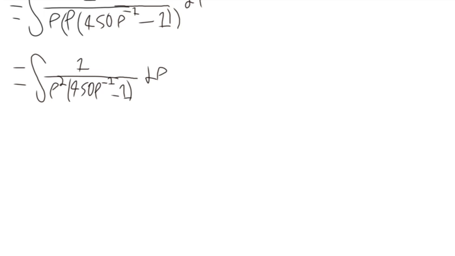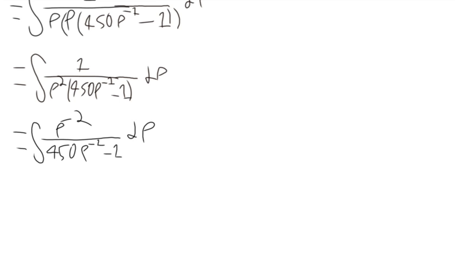Now, I have a p squared in the denominator. I'm going to bring that up to the numerator. It will become p to the negative 2. So this is the integral of p to the negative 2 over 450 p to the negative 1 minus 1 dp.